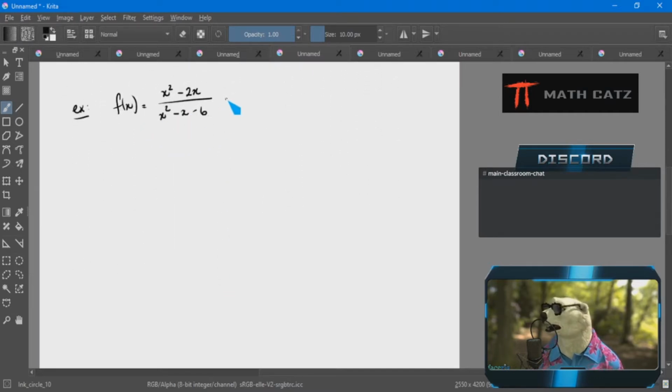So in this case, to better see that, I want to factor. I'm going to take an x out for the top and be left with x minus 2. Then I'm going to factor the bottom, and we have done this, but it's good to just see it again. x and x, a minus 3 and a plus 2.